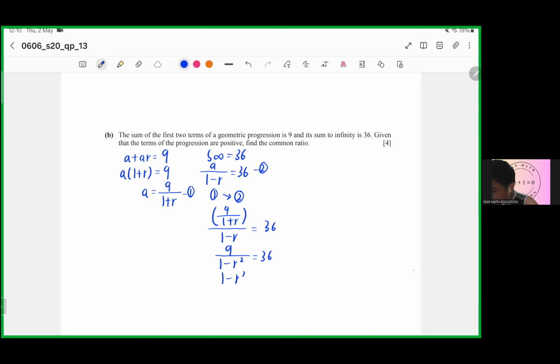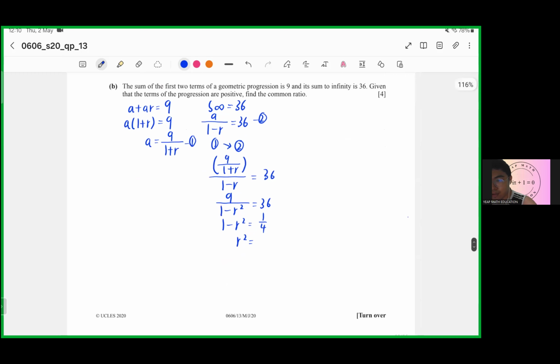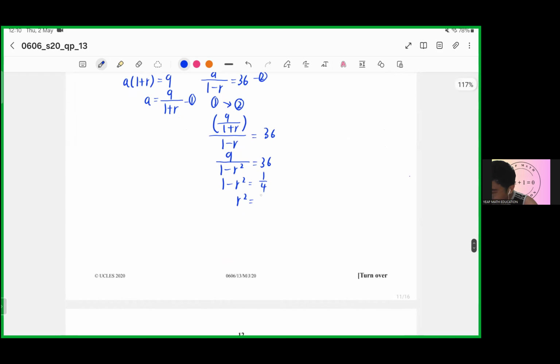So 1 minus r squared, then 9 over 36, we get 1 over 4. Okay, r squared equals 1 minus 1 over 4. Okay, we get 3 over 4. Okay, and then r, we get two values, positive and negative, 3 over 2.